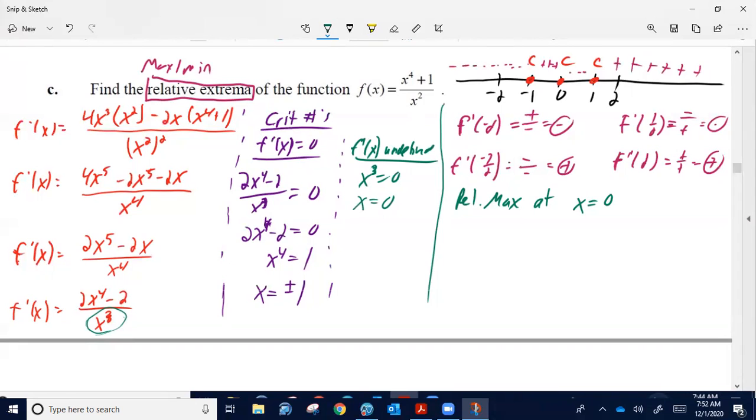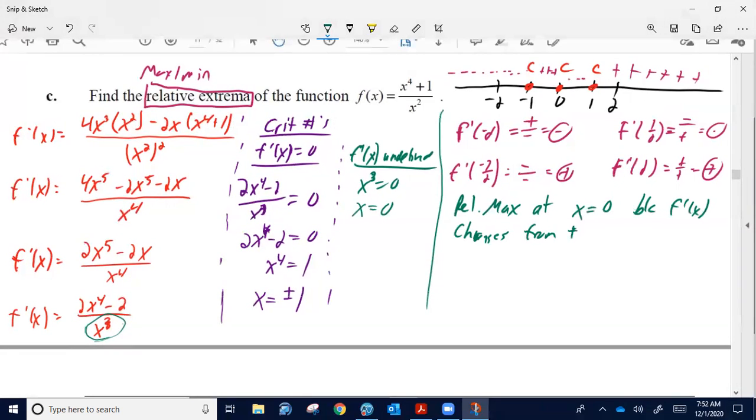I think that's it. Relative max at x equal to 0. Yeah, because f prime changes from positive to negative, and f prime of 0 equals 0. So we have a critical number, f prime of 0 is 0, and f prime changes from positive to negative at x equals 0. Should put that in there.